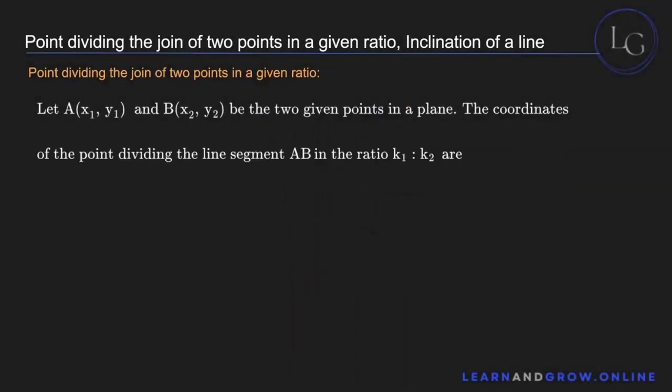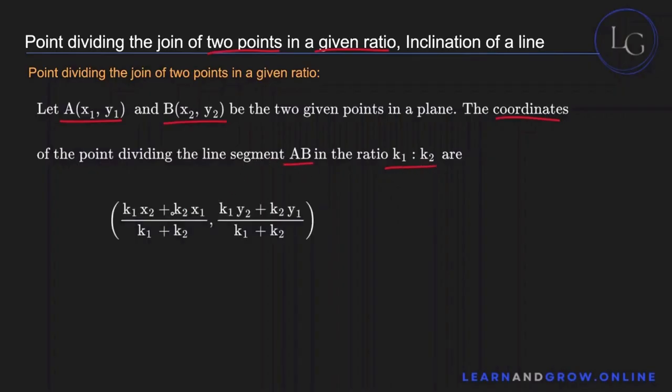Now, let's see how we can find the coordinates of a point dividing the join of 2 points in a given ratio. So let's say you have a point A and a point B, right? And if you have to find the coordinates of a point that divides the line segment AB in this ratio, you can find the coordinates of that point using this method.